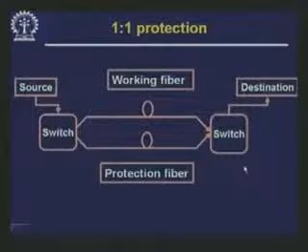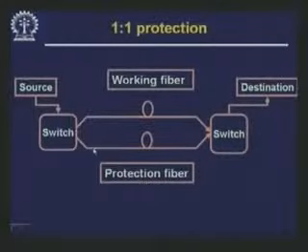Now, we come to shared mode protection. In the shared mode, the figure looks almost the same, except you note that the splitter on the left has been replaced by a switch. So, what we have is a working fiber and a protection fiber. Unlike the 1+1 protection, this is not a hot standby, this is cold, in the sense that the protection fiber to start with is not carrying any signal.